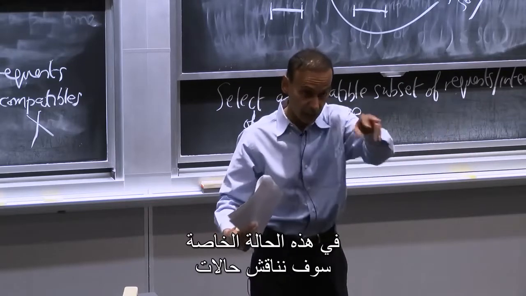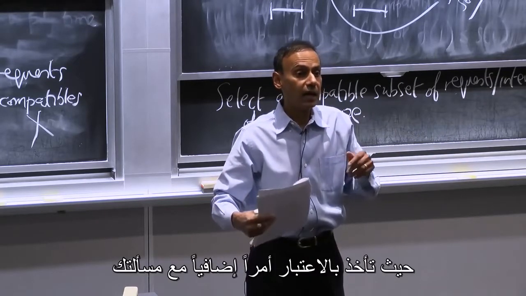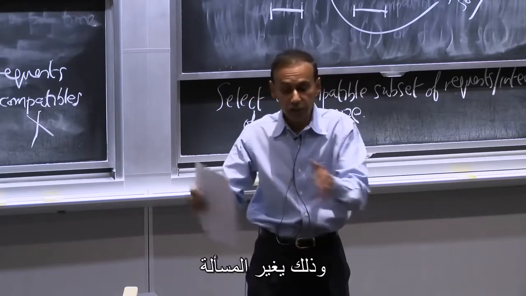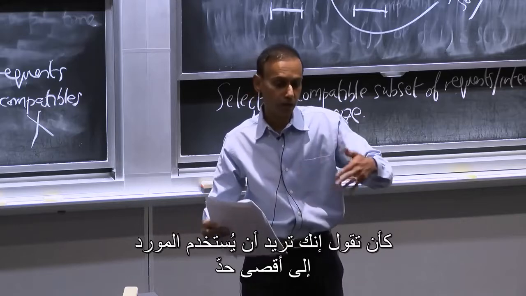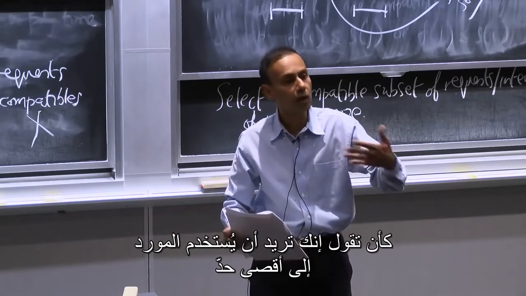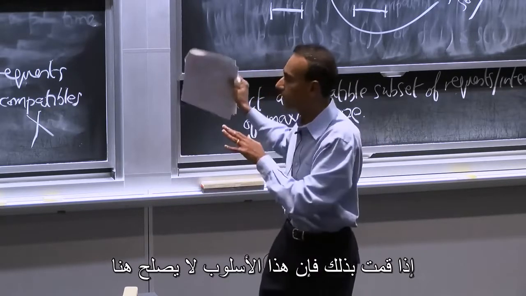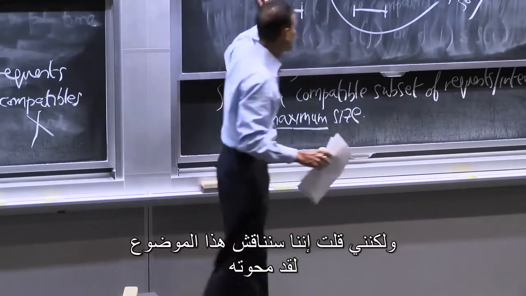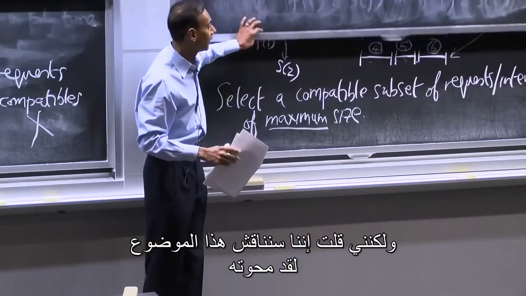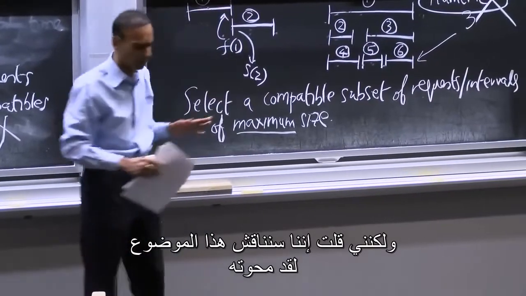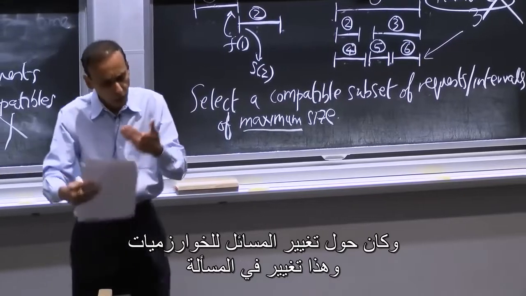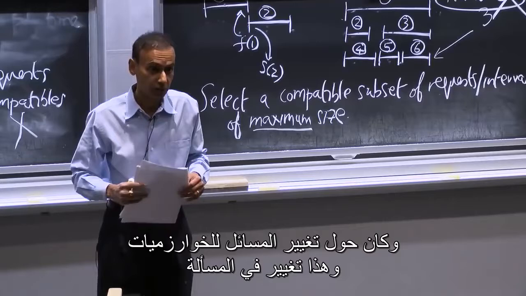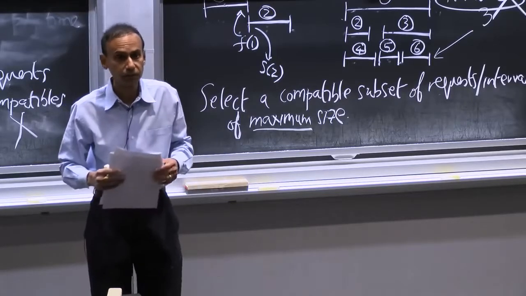In this particular case, we will look at cases where you might have an extra consideration associated with your problem, which changes the problem, that says, I want my resource to be maximally utilized. If you do that, then this doesn't work. And that's exactly, it's a great question you asked. But I did say that we were going to look at the theme of how problems change algorithms, right? And so that's the problem change. Okay? You got a question?